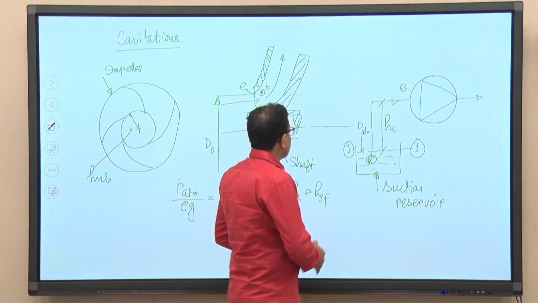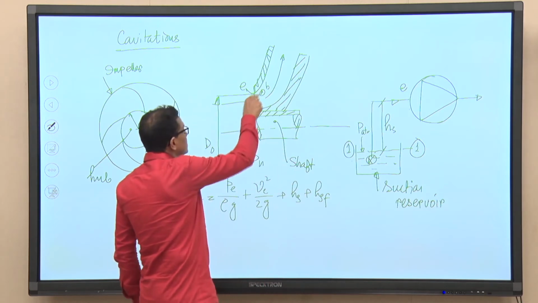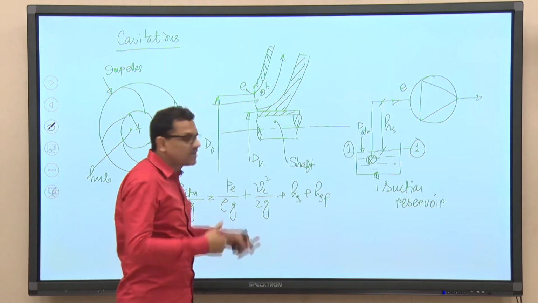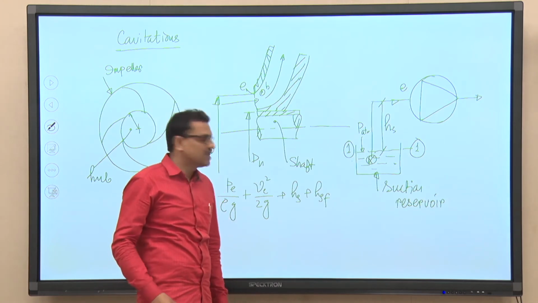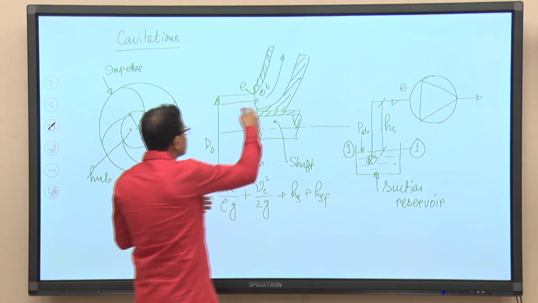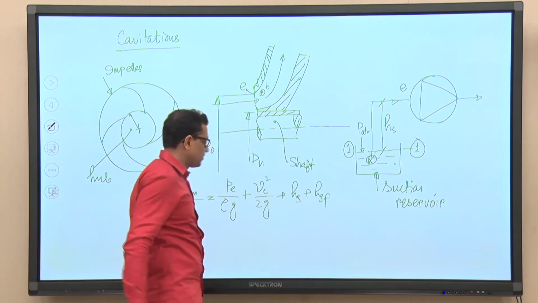Fine. So, if we now move further towards the flow passage and arrive at point B, how do we calculate the pressure or head available at point B, right.